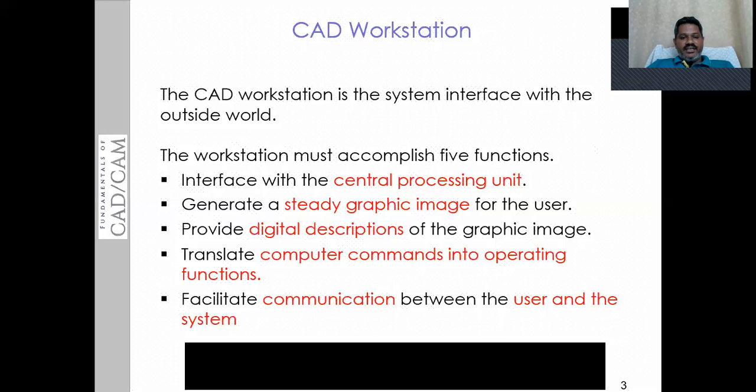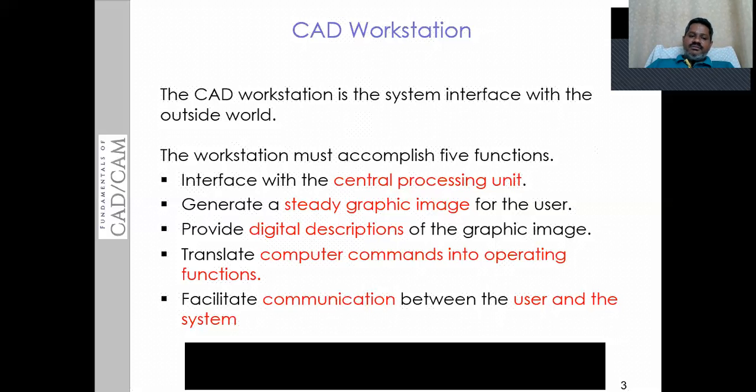It should be able to display and describe the image properties, like JPEG format or bitmap format, or it should be able to display the pixel size of the image. So the CAD workstation must also be able to describe the image properties. It must have that feature also.